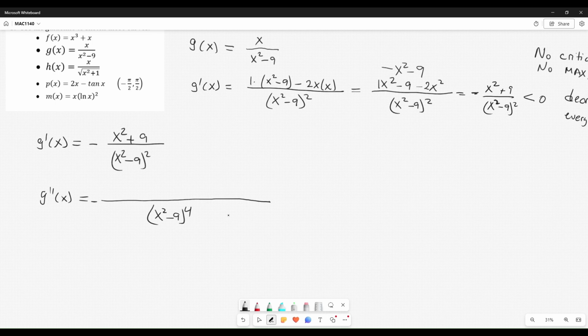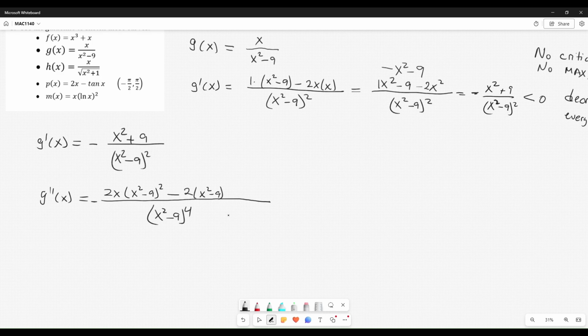It's negative. The derivative is 2x times x squared minus 9 squared, minus the derivative. This is complicated. It is 2 times, 2 times what? 2 times x squared minus 9.